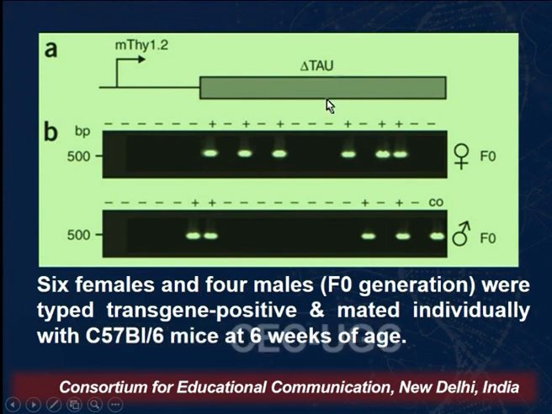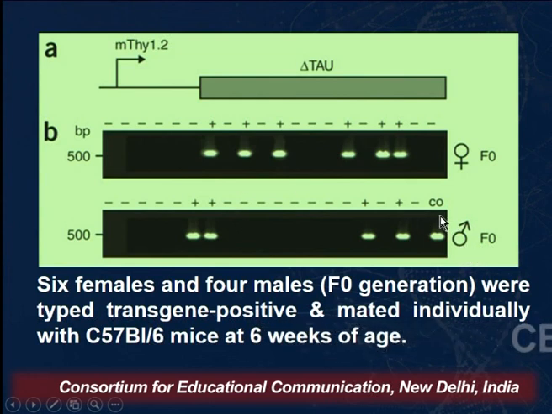So when you amplified the transgene from the genomic DNA extracted from the tail biopsies of the 21-day pups, you obtained that 6 gave a positive result in the females and 5 in the males.